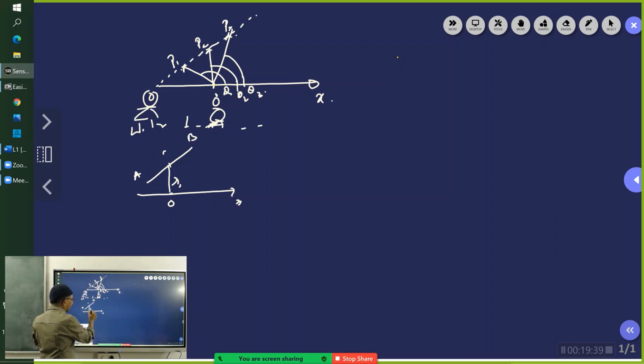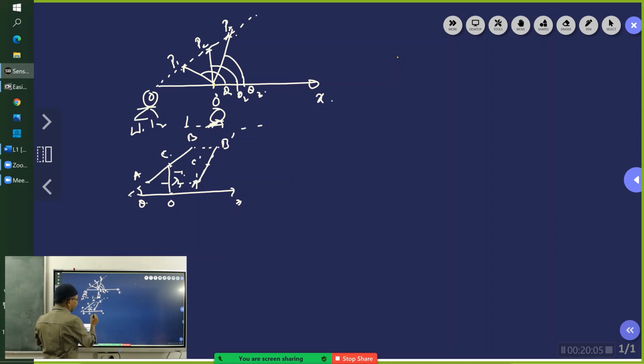This I call R1 bar, and this point is C. If I extend this, it makes an angle theta. Now the next position of the rod is such that B is at B dash, A is at A dash, and C is at C dash.